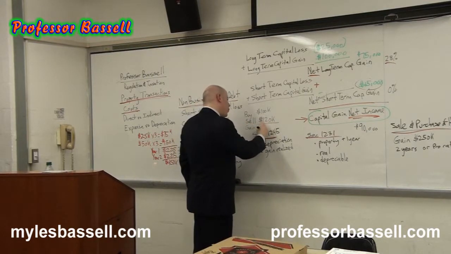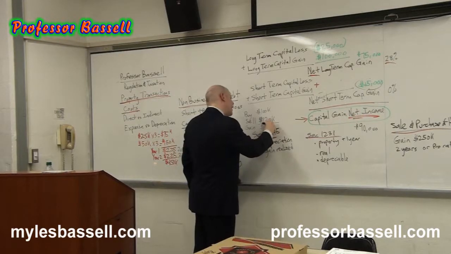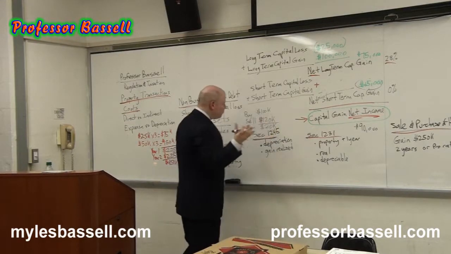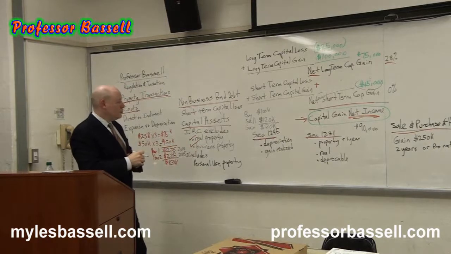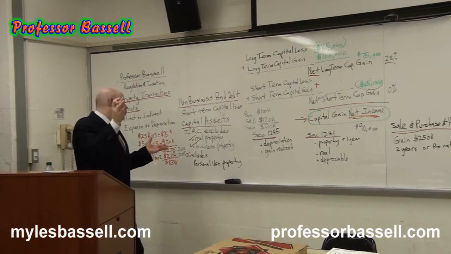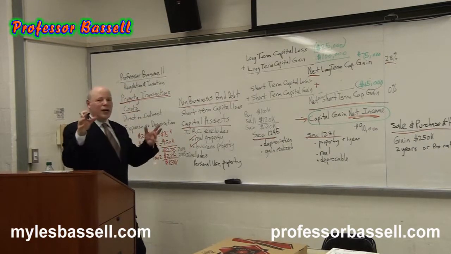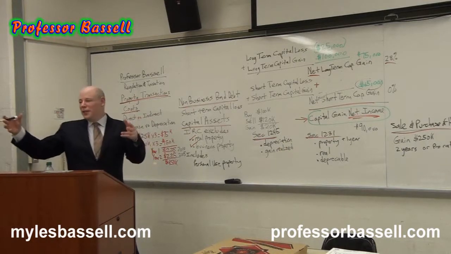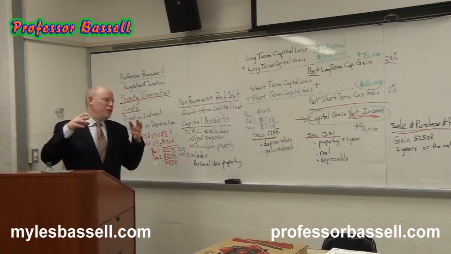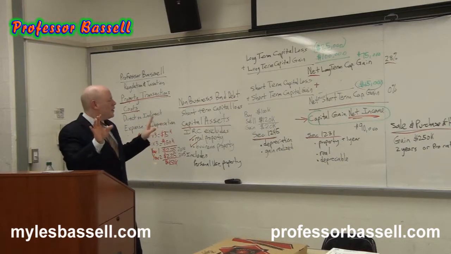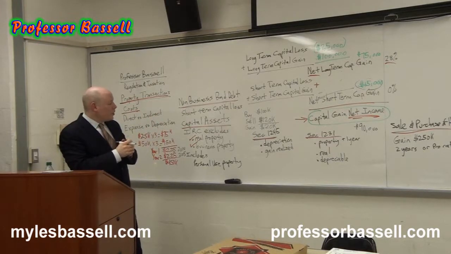In this example, our gain is $20,000. For now, we're going to assume that there are no other expenses, like for shipping. Let's just keep it simple.